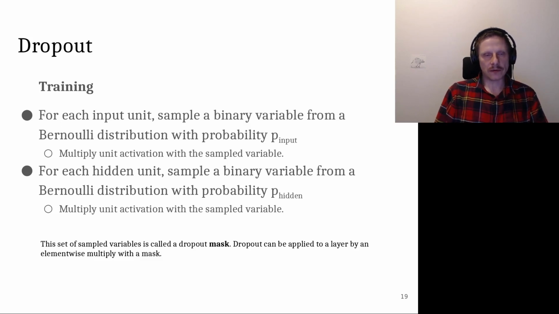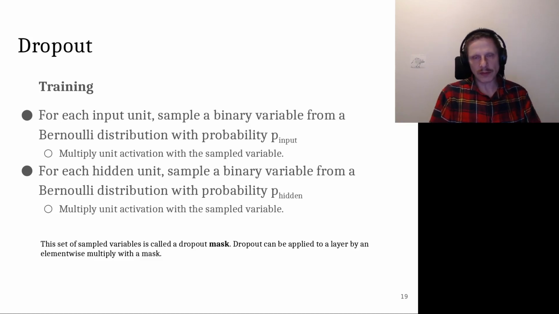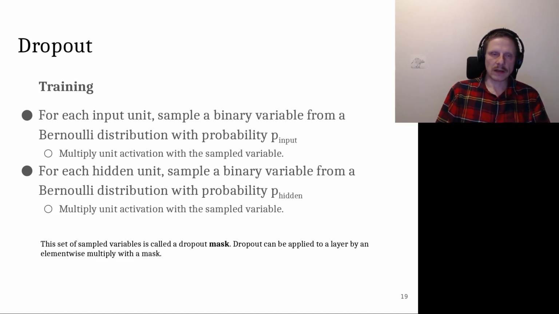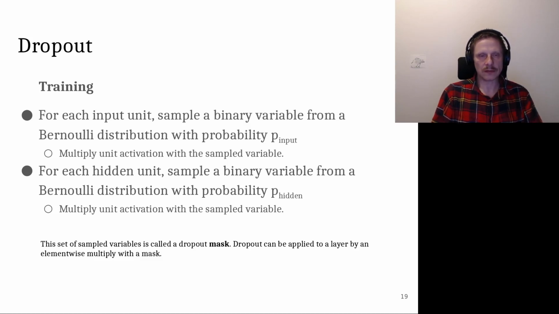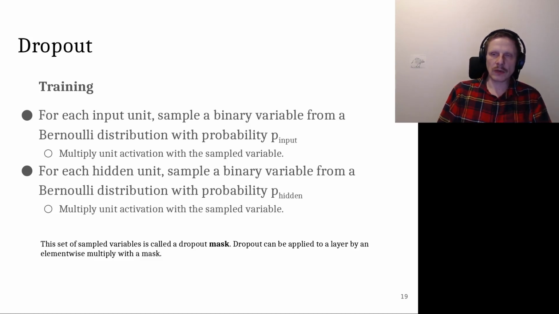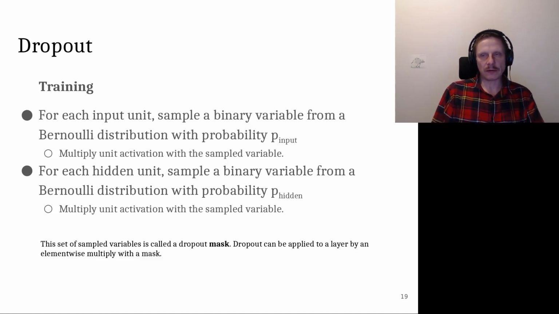And likewise, for each hidden unit, we will sample a binary variable from a Bernoulli distribution with a different probability, p hidden, and then again multiply the unit activation with the sampled variable for this particular hidden unit, and that again has the effect of randomly ignoring some of the hidden units, just zeroing them out. So this set of sampled variables is called a dropout mask.